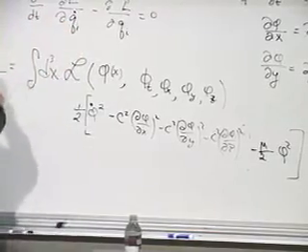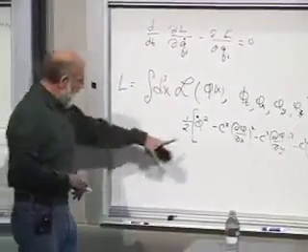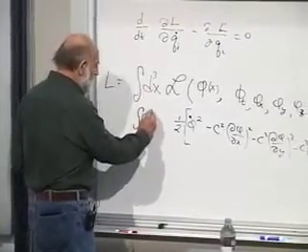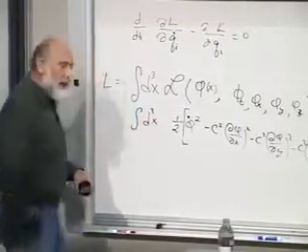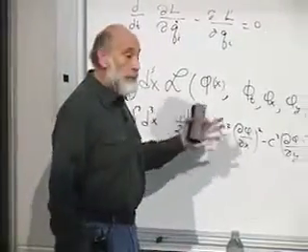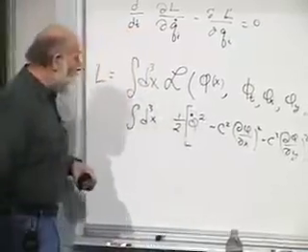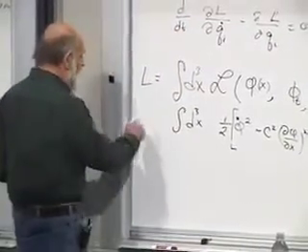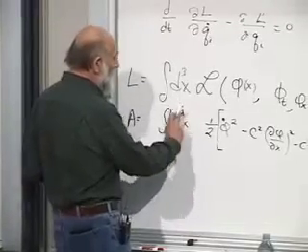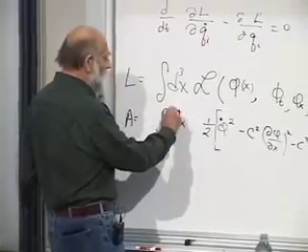All right, this is the Lagrange density here. The Lagrangian is the integral of that, but the action is the integral of the Lagrangian with respect to time. So that's yet one more integral. The action is the integral of this dt, which means d4x.